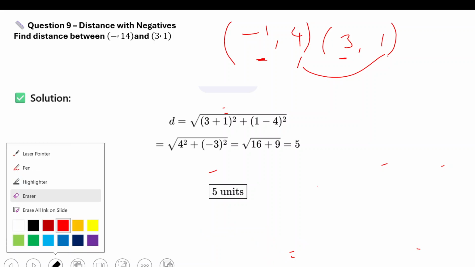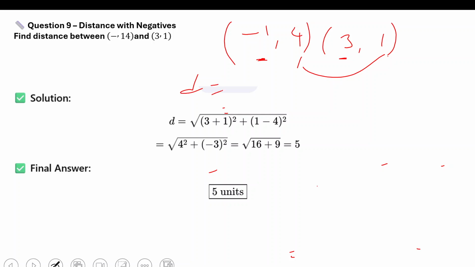The formula is D is equals to square root of x2 plus x1 all square plus y2 plus y1 all square.